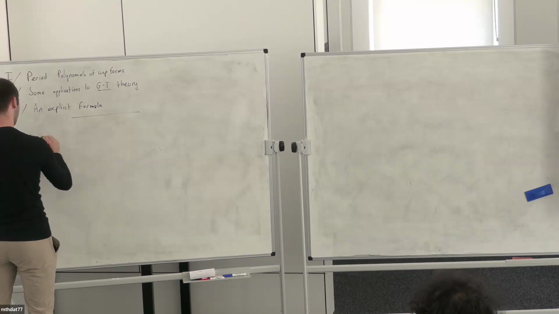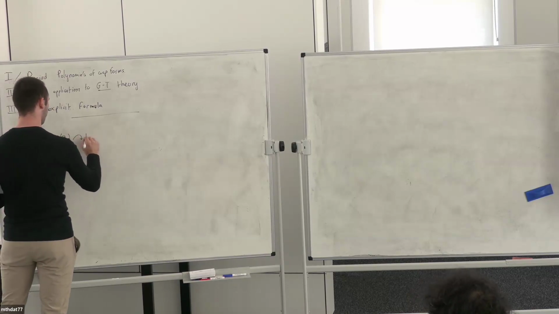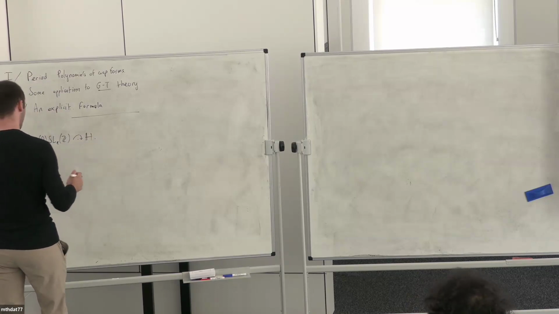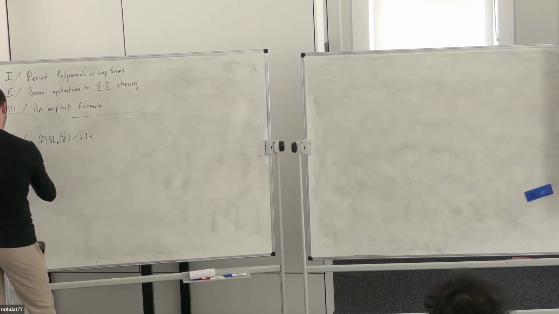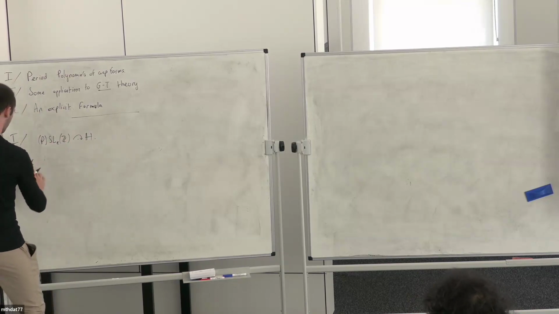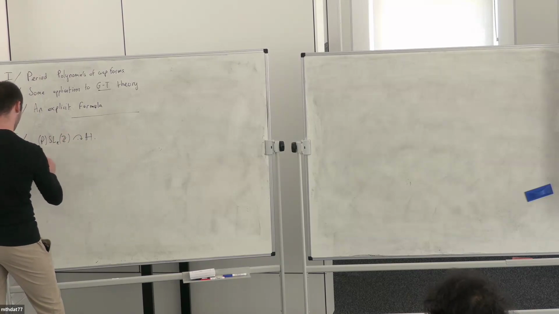So I will only consider the action of SL2, or let's say PSL2, of Z on the upper half plane, and consider classical holomorphic modular forms. Most of these objects have been defined in the previous few talks, but I'm going to define them as well.